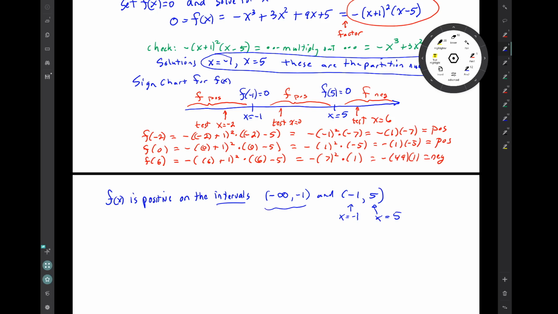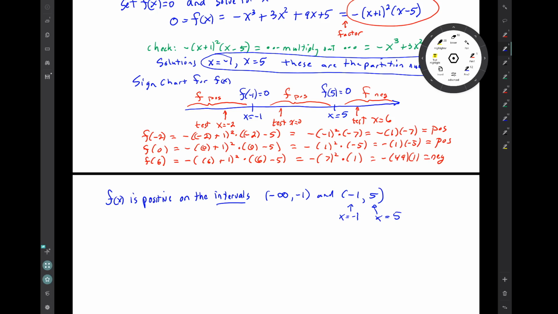The symbol negative infinity could not be an x coordinate, so that one is pretty unambiguous. But when you see a symbol like this, a pair of numbers separated by a comma in parentheses, you have to pay attention and keep in mind whether that symbol is meant to be interpreted as a point or as an interval. In this problem, we're meaning for that symbol to be interpreted as an interval.